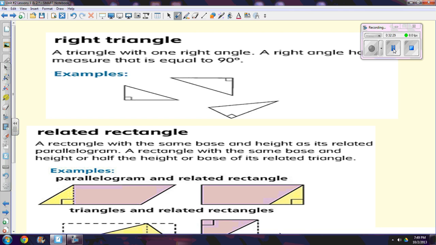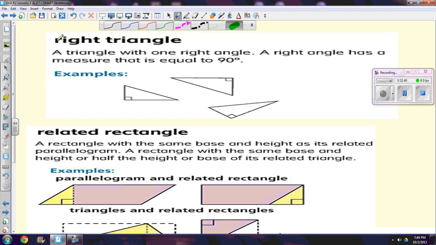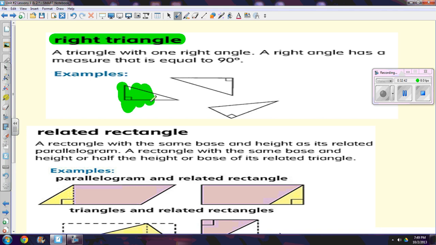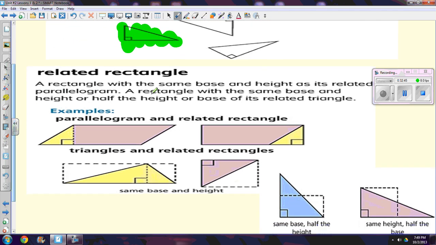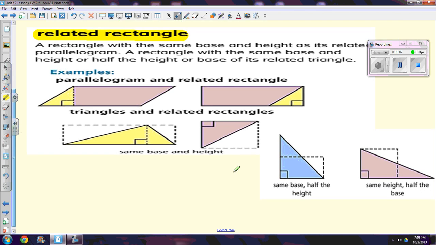So, right triangle: a triangle with one right angle, a right angle has a measure that is equal to 90 degrees. So all you need to do here is write down right triangle and then give me this example right there. Related triangles: a rectangle with the same base and height as its related parallelogram, a rectangle with the same base and height or half the height or base of its related triangle. So write down, if you would, related triangle, and then let's just draw these two right here.